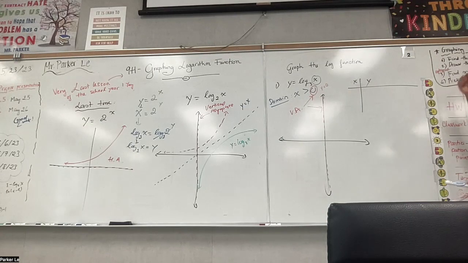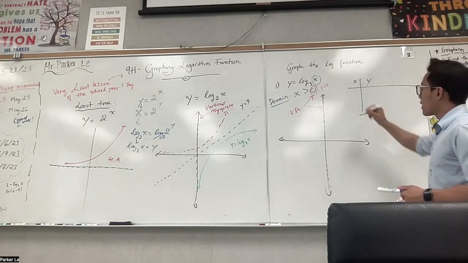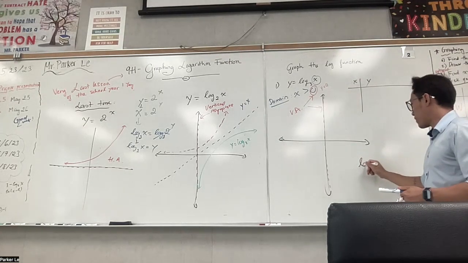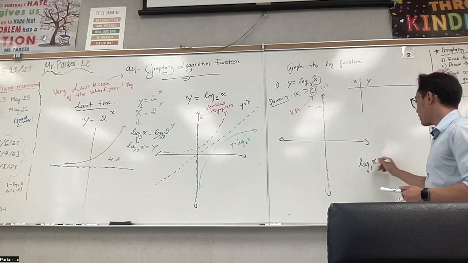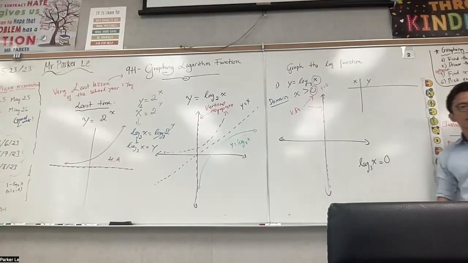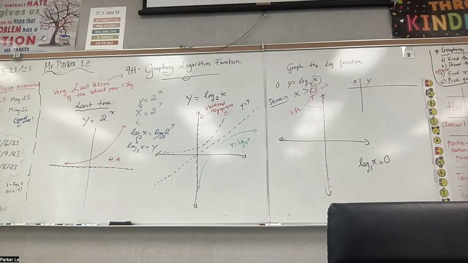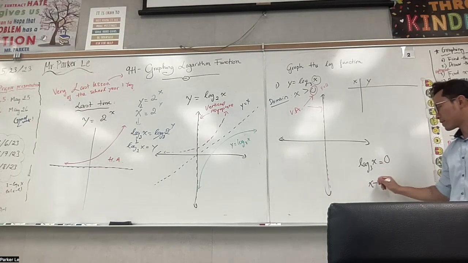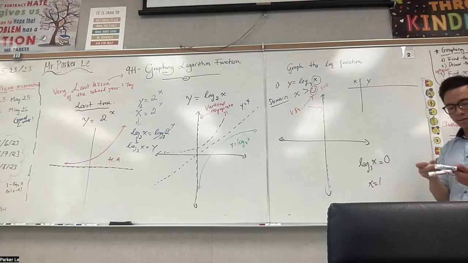Okay, the next step you want to choose the point, so that's the whole thing equal to 0. Question: if I want this one to be 0, what is x? 1. Very good. Why is it 1?